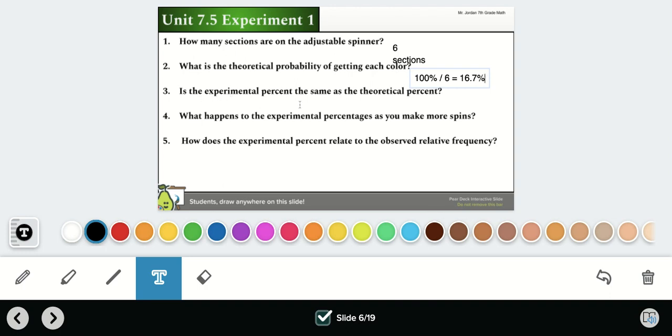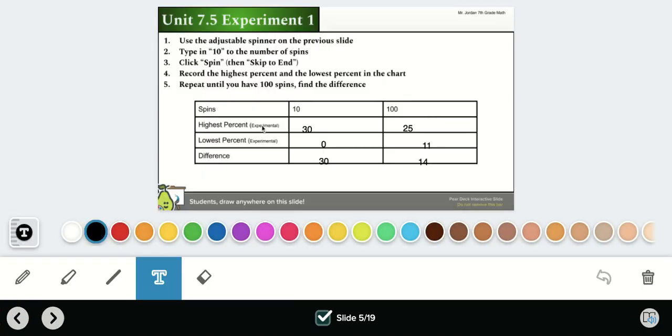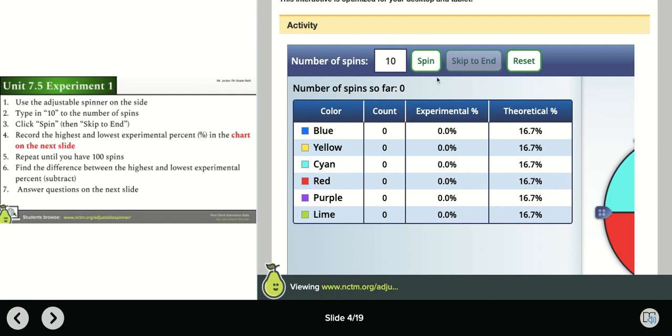So is the experimental percent the same as the theoretical percent? If we look at our chart, when we actually did the spinning, you can see that the experimental percent here is different than the theoretical.